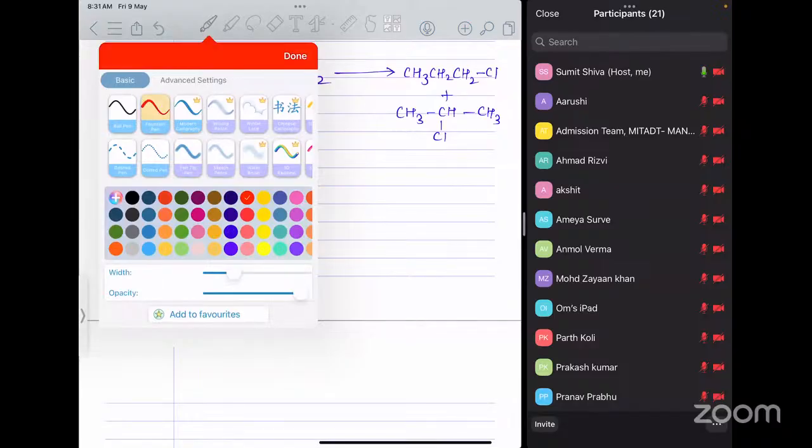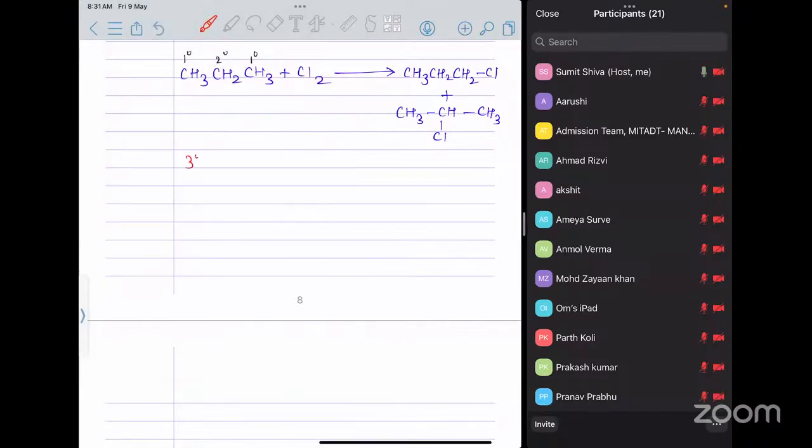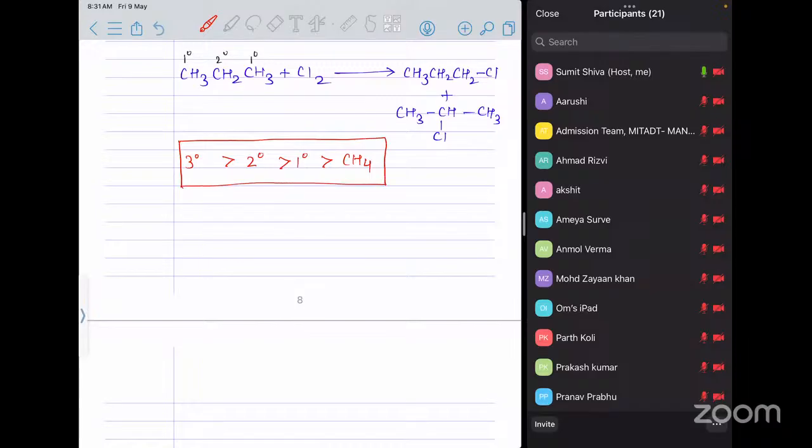In this reaction, 3 degree is more preferred than 2 degree, than 1 degree, than methyl or CH4. So if we have 3 degree carbon, 2 degree carbon and 1 degree carbon, this reaction will be fastest at 3 degree carbon, then 2 degree, then 1 degree and finally normal.